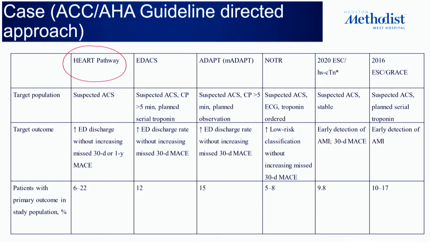Just before going toward these sophisticated risk calculators, what is your clinical judgment? What do you think? Where does he fall? Is it a low-risk, intermediate, or high-risk cardiac patient? Taha?